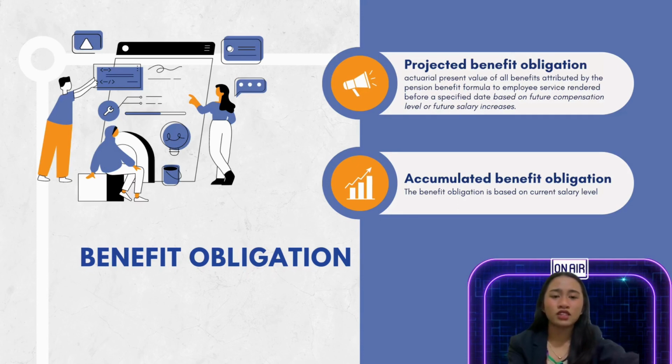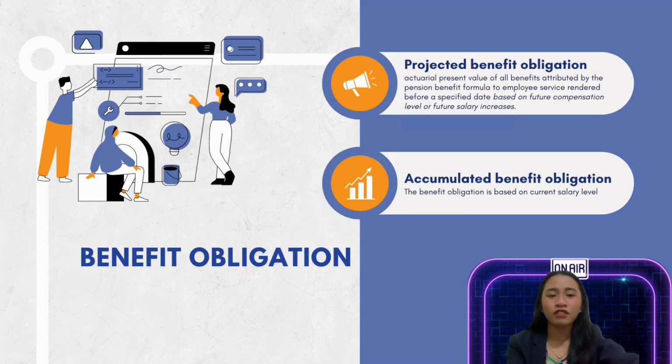Since we are rendering services every year, kino-convert siya in present value gamit ang pension benefit employee formula. So, ina-apply ito every year, and then the amount is not dependent on his or her salary but rather based on future compensation level or future salary increases. So, ito ay projected and therefore it is estimated.